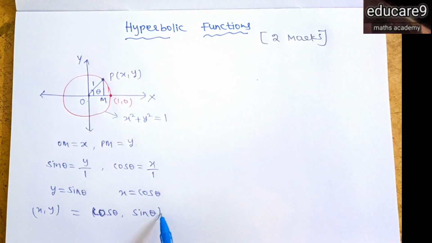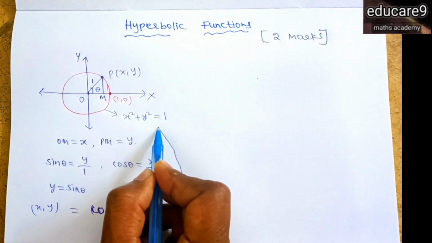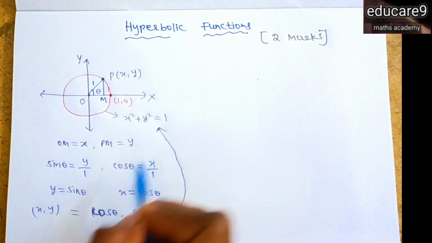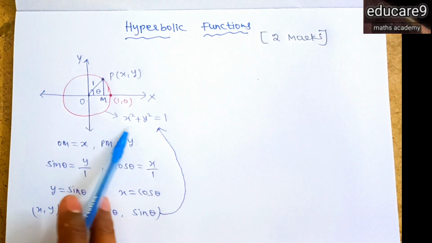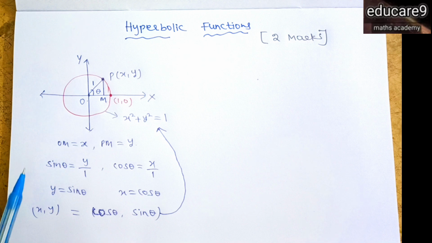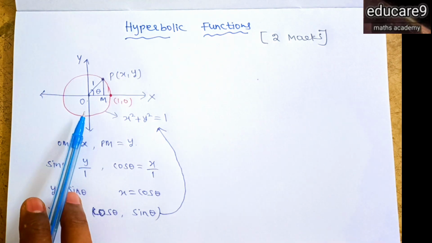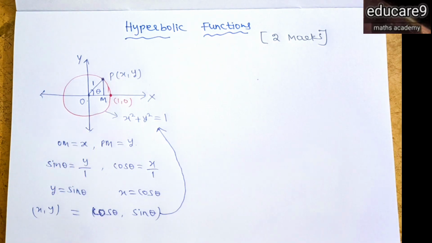Clearly this point satisfies the unit circle equation, which means it is a parametric point. Substituting, cos square theta plus sin square theta equals 1. That's why for trigonometric functions we have to use the unit circle.